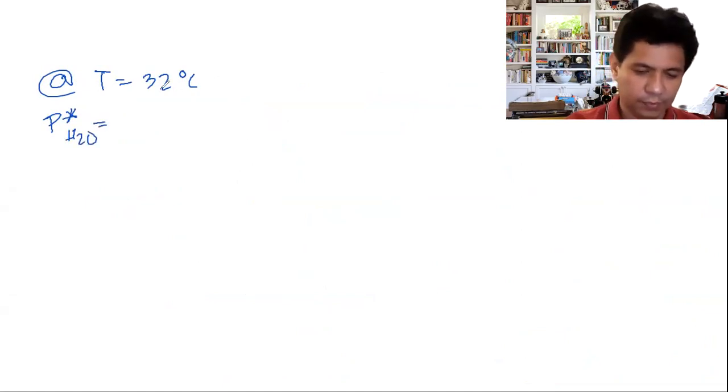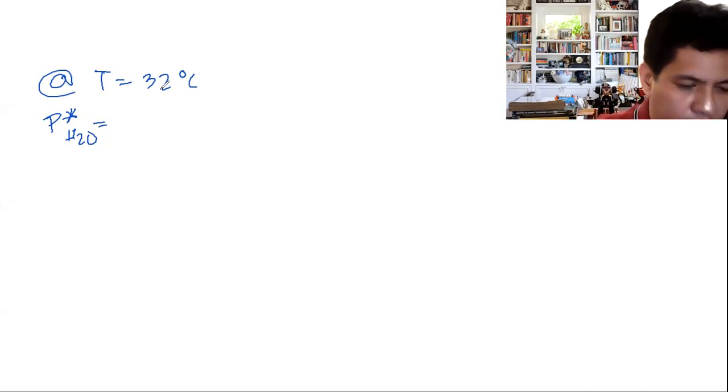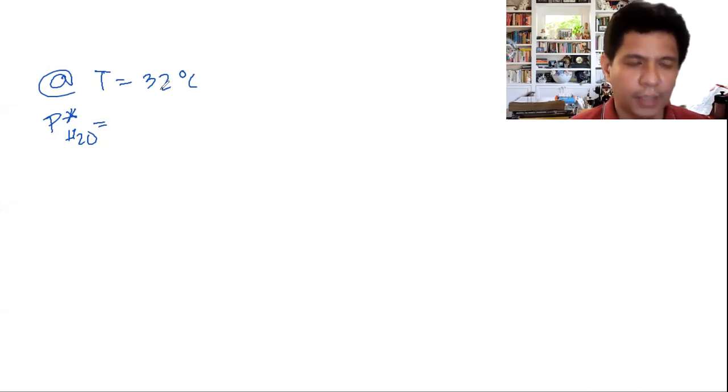Ganun din yun. Ano, first step, kunin muna natin yung P star H2O at 32 degrees Celsius using the steam table. So, temperature is 32 degrees Celsius. We're supposed to get P star H2O using the steam table. So at 32 degrees Celsius, P star H2O is 4.753.